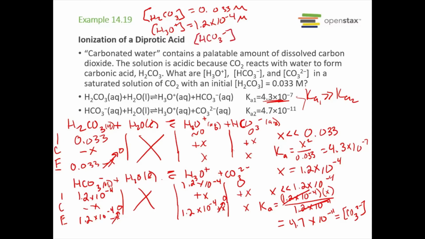HCO3 minus is equal to 1.2 times 10 to the negative 4th molar. And CO3 2 minus is equal to 4.7 times 10 to the negative 11th molar. Whew, that barely fit on there, but we made it work.